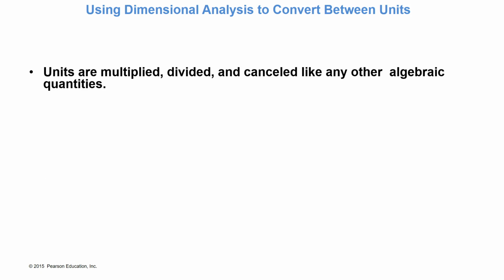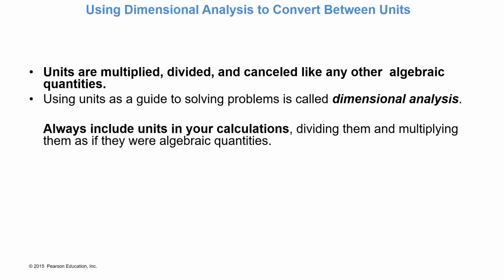In dimensional analysis, we are going to multiply and divide units to cancel them out, just like you would with any other algebraic quantity. The key thing in this one is that in dimensional analysis, you must always include the units in your work when you're showing.